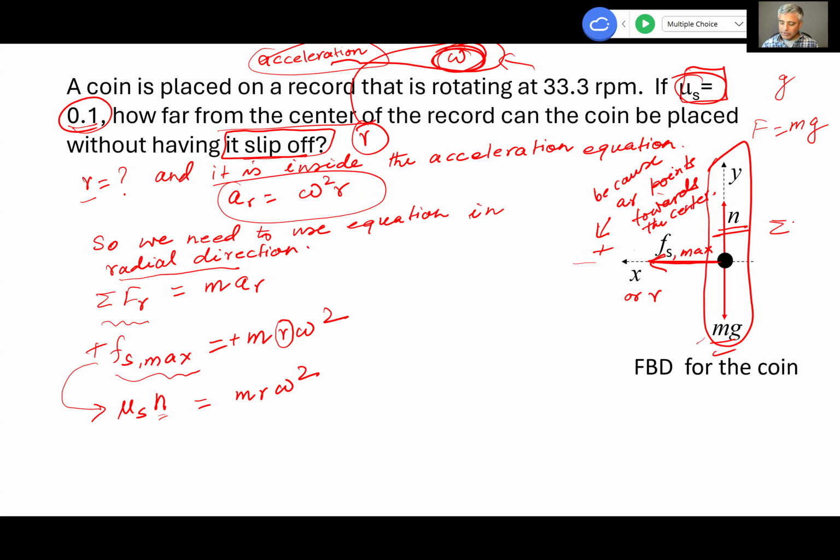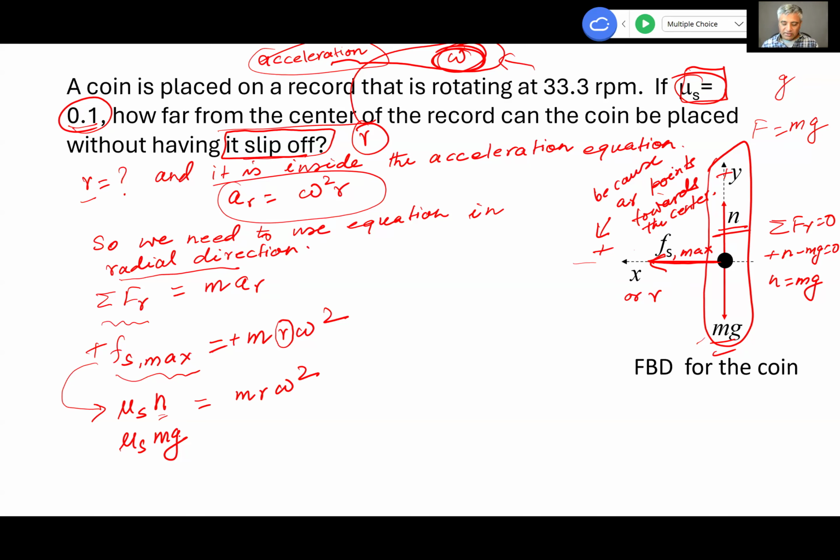If I use the sum of forces along the y direction equals 0, since the point is not accelerating up, then if we choose up as positive, N minus mg is 0, which means N is mg. So we can use mg here instead of N.